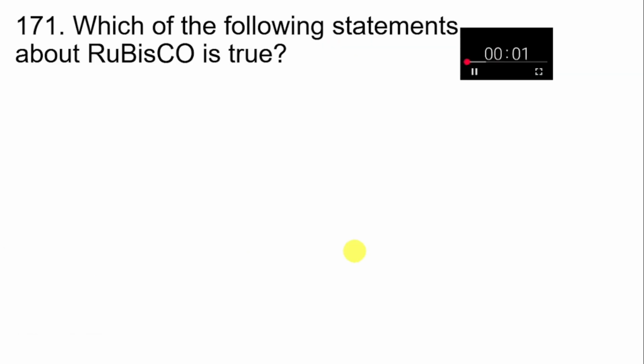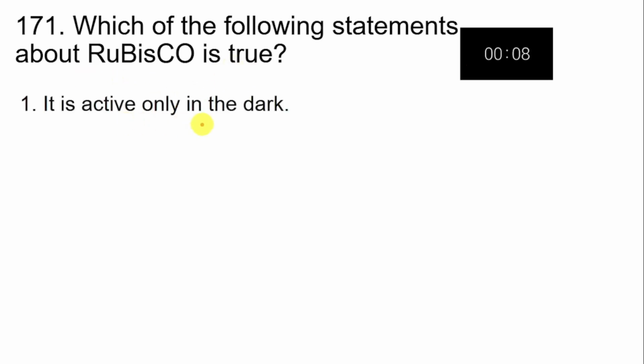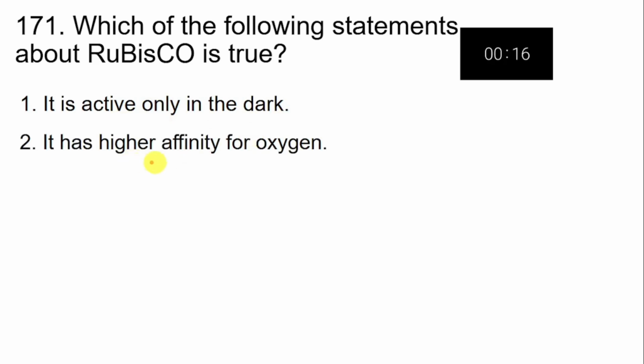Next question. Which of the following statement about Rubisco is true? It is active only in the dark. Only is incorrect. It is active in dark as well as light. It has higher affinity for oxygen. No, it has equal affinity towards carbon dioxide and oxygen. That is why it is called carboxylase and oxygenase.